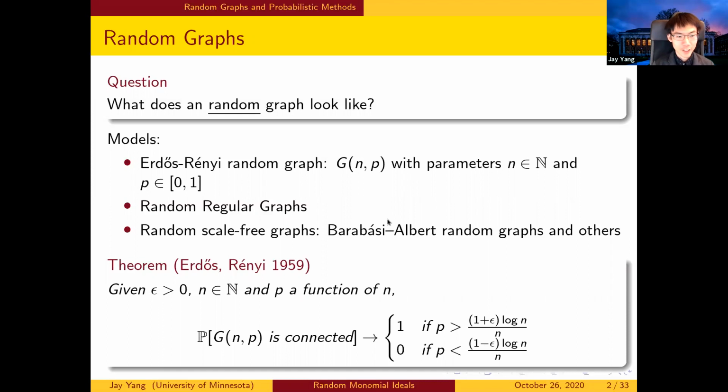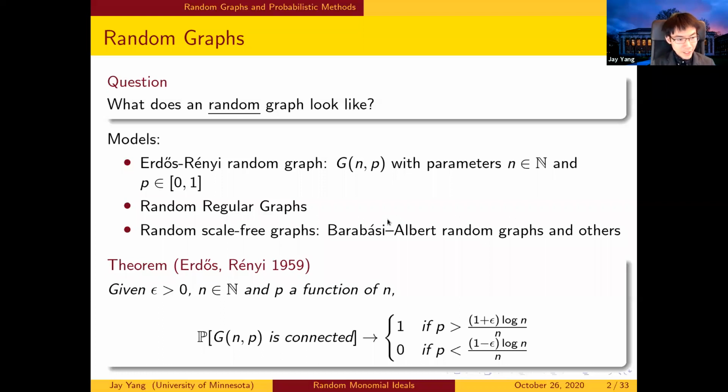These are of particular interest to people who are trying to model social networks or interaction networks. And one model is the Barabasi-Albert model of a random scale-free network or graph. So there are lots of different models depending on what you're trying to study, what parameters you want, and in some sense, what sort of results you want. What do you want to say about graphs?